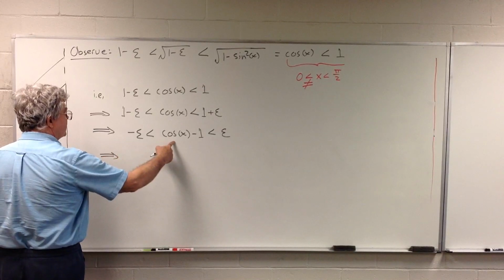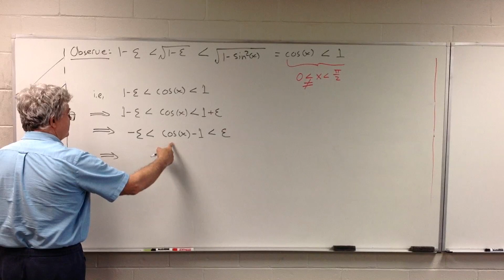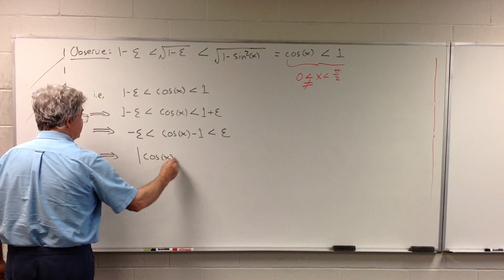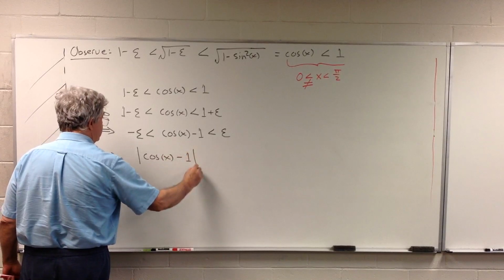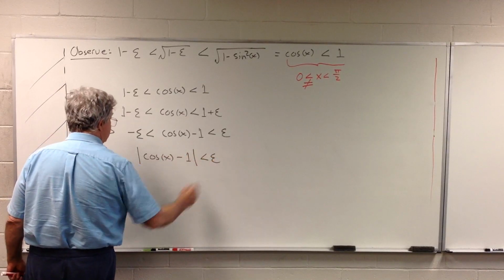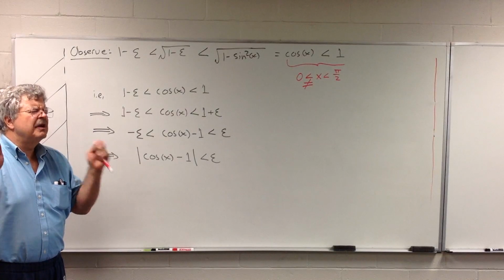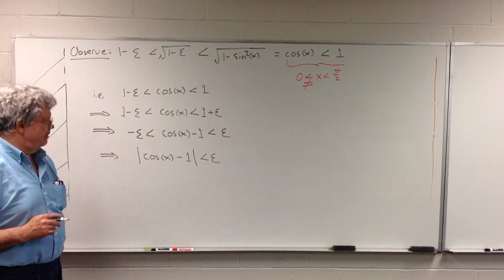What does this mean? It means the absolute value of cosine of x minus 1 is less than epsilon. And what was epsilon? It was just some positive real number.